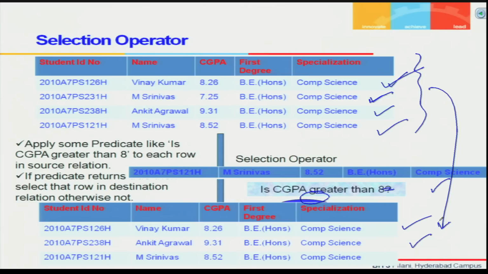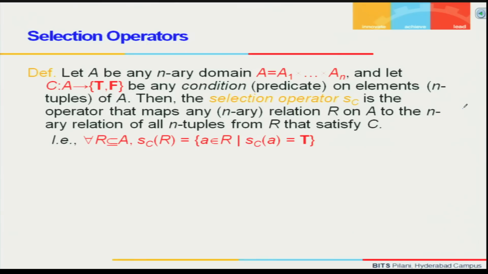This particular select has been derived from the selection operator that is working on relations. I hope this is clear, and this is how the selection operator is formally defined.